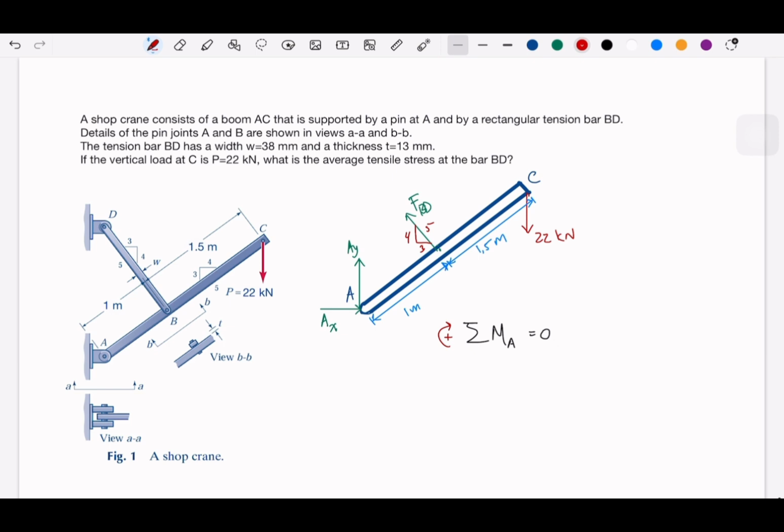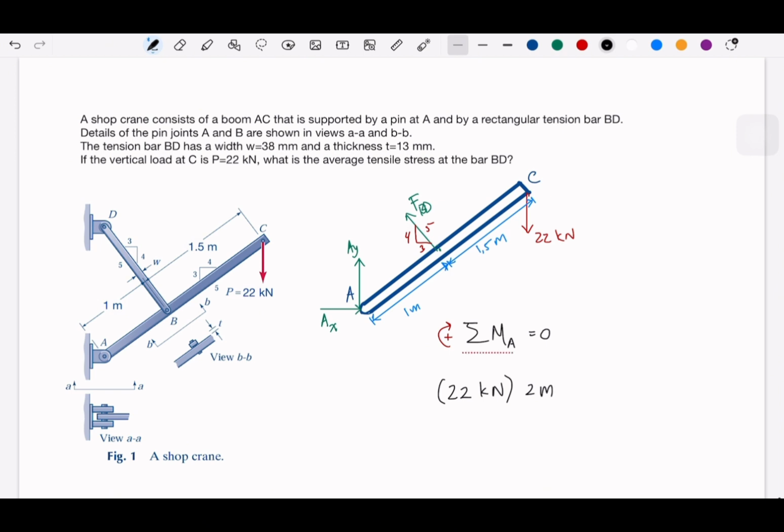So what is the distance? It is 1.5. Okay, so FB, or let's say starting from C, we have 22 kilonewton multiplied by 2 meter.